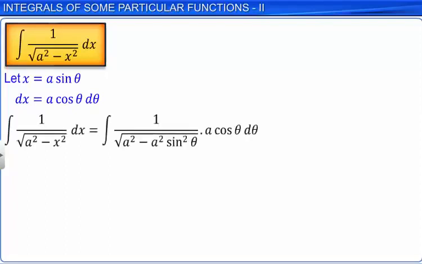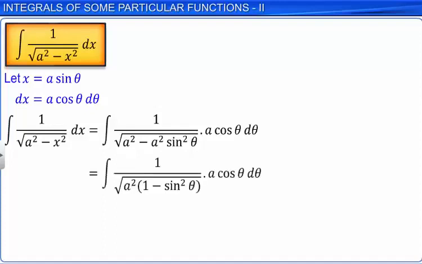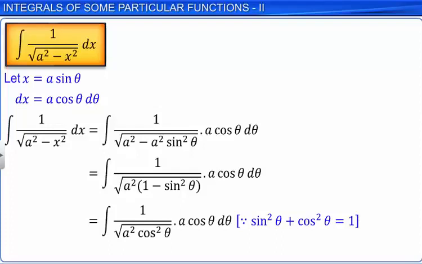Substituting these values in the standard integral, we get the expression as shown. The denominator can be rearranged by taking a square common among the terms. Using the identity sine square theta plus cos square theta is equal to 1, we can replace 1 minus sine square theta with cos square theta.